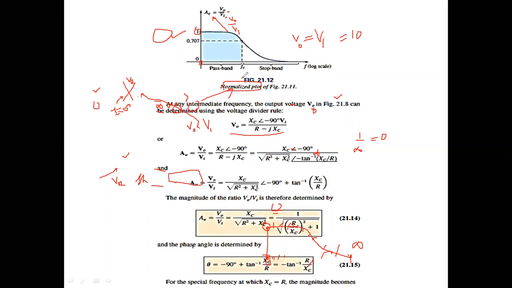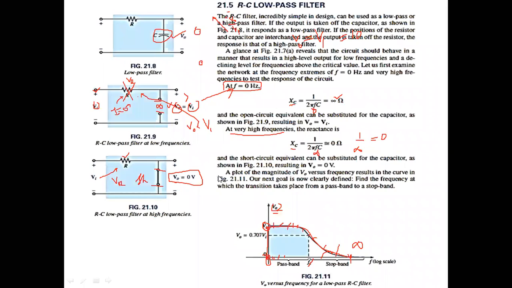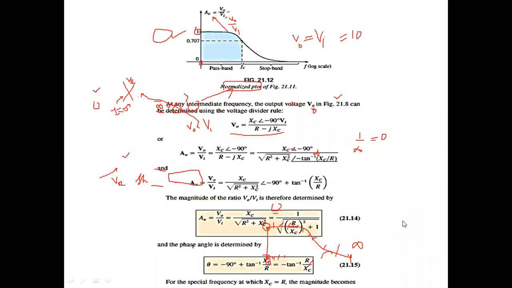Okay, now FC. What is FC? We have to go to the previous slide. FC. This is the critical frequency, or we can say the cutoff frequency.